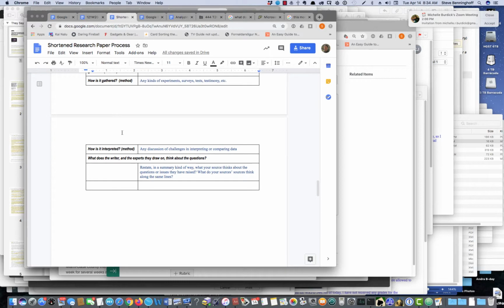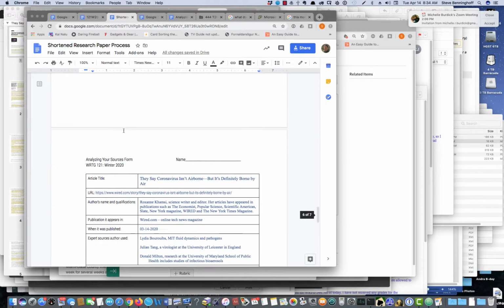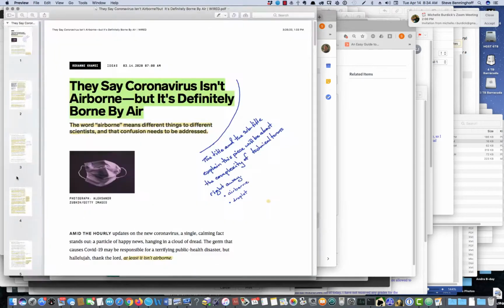So the sample version that I'm going to do for you is from an article called "They Say Coronavirus Isn't Airborne, but It's Definitely Borne by Air." So I'm going to switch over to my annotated copy just to show you.